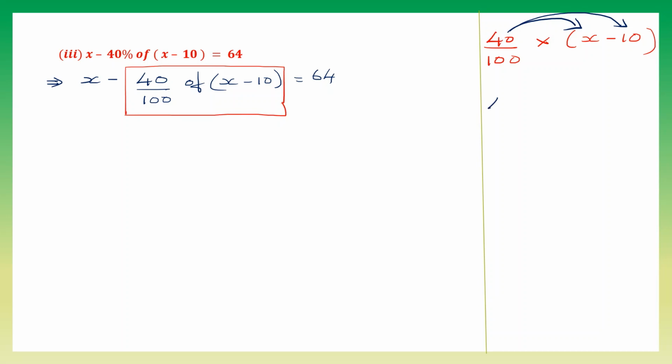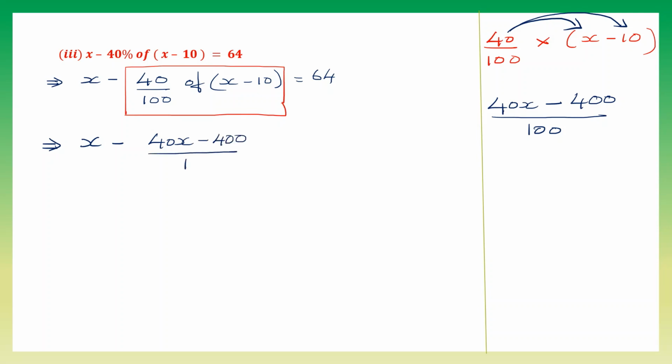So 40 into x is 40x. 40 into minus 10 is minus 400. 40 into 10 is 400 divided by 100. So I've got that. Let me write it down here. So x minus 40x minus 400 by 100, is equal to 64.